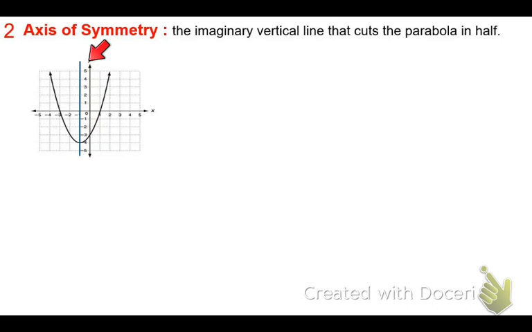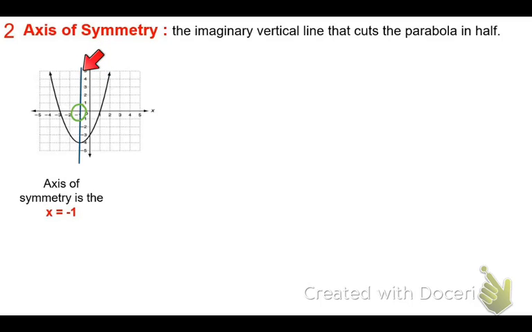Now, we write this line as an equation. The axis of symmetry is x equals -1. Why? Because if you notice, the vertical line goes through the x-intercept of -1.